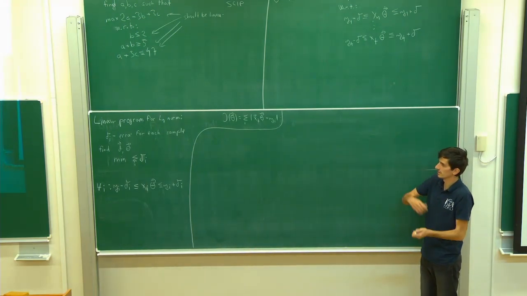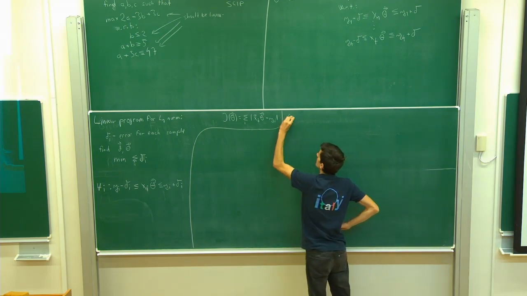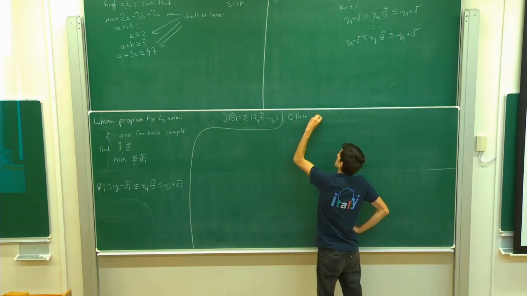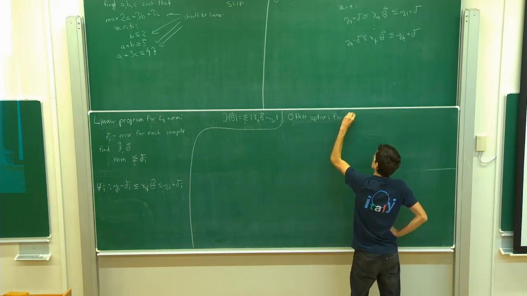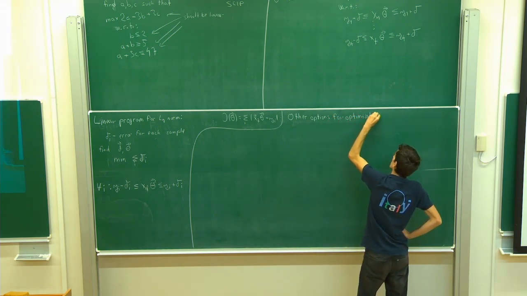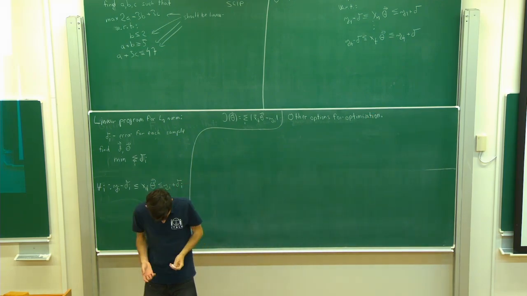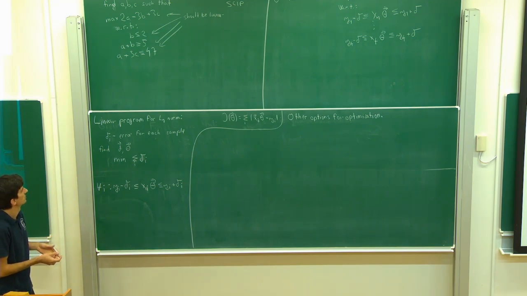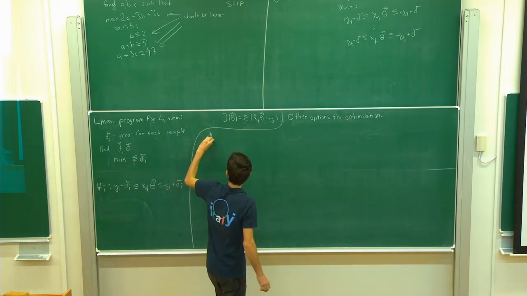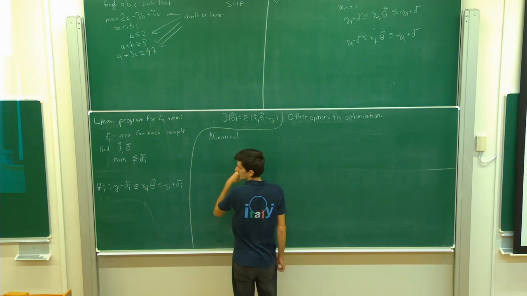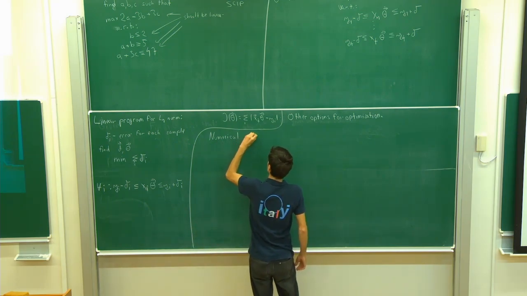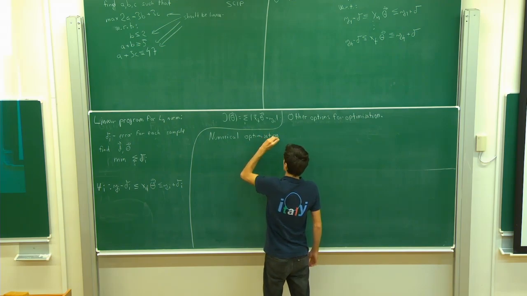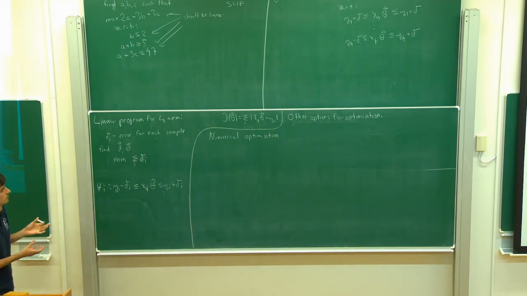So far we have seen analytical solutions and linear programming, and then there is one big area of optimization, which we will use most of the time: numerical optimization. There you don't care about the exact formula of the result, like multiplying these two matrices, inverting them and so on.